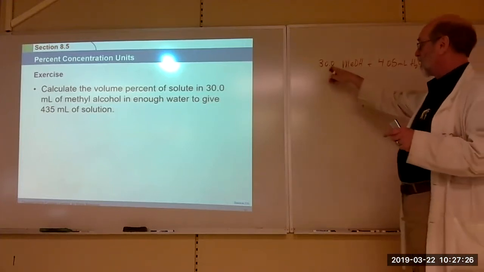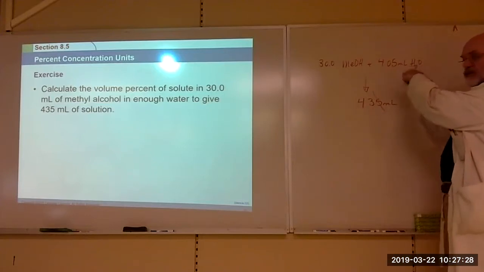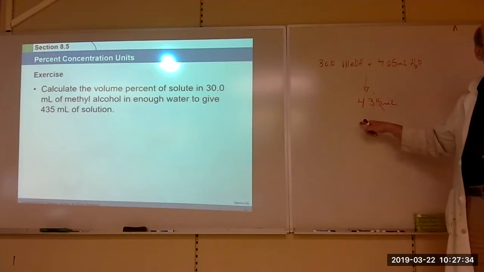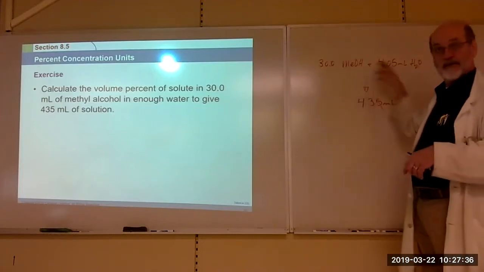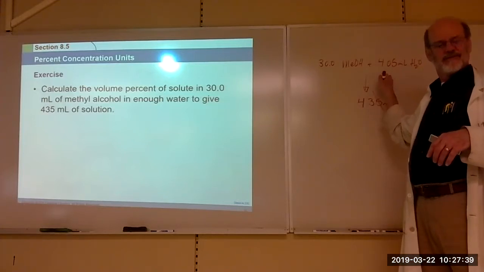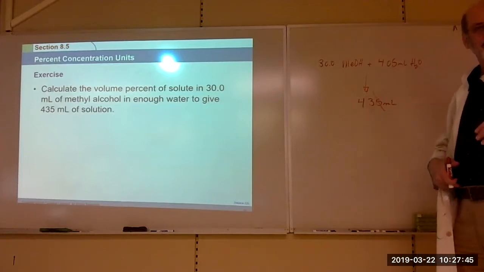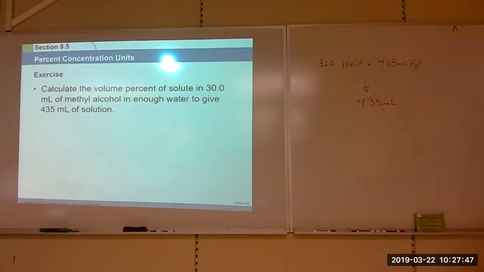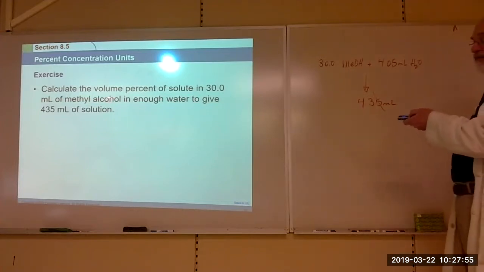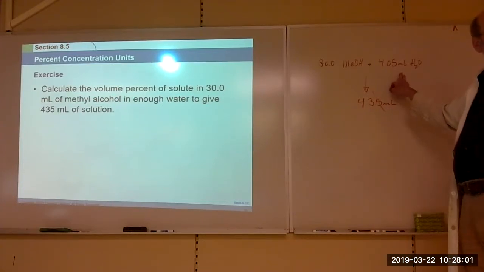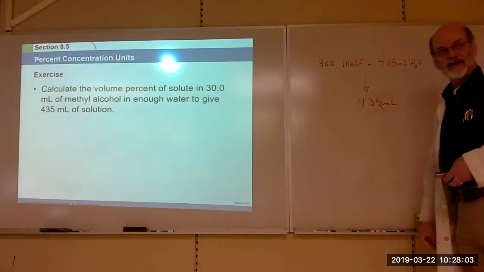Why? Because this methanol fits into spaces in the water, right? So it's actually less than 435 if you base it on these two volumes. So the total volume of the solution is less. That's why they say add enough water to give you a final solution of 435 milliliters. So it will probably take more water than 405, maybe 410, 415, to give you a final volume.